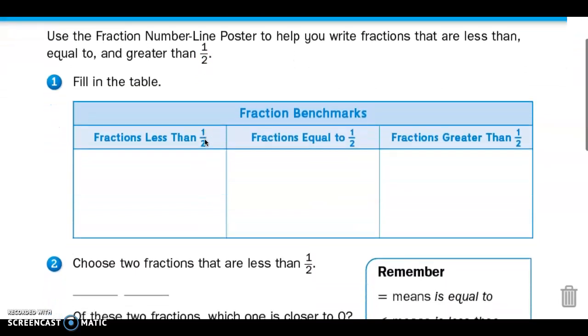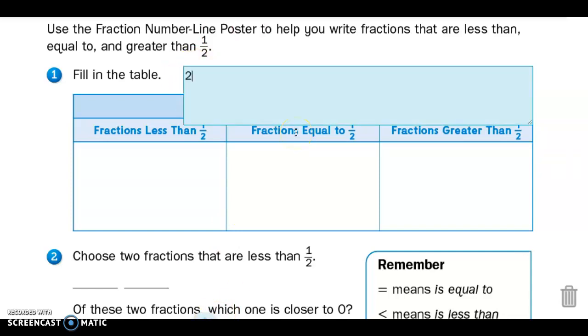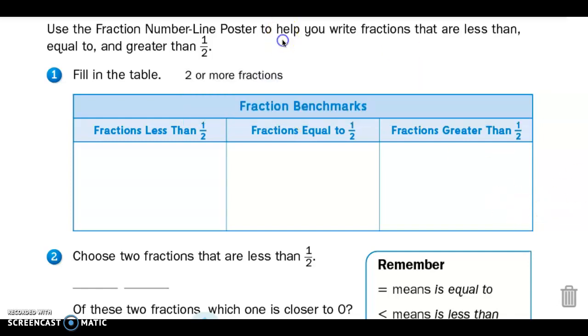It says fill in the table. And for each section, I want us to put at least 2, so 2 or more fractions. That's what we need for this part in each box.